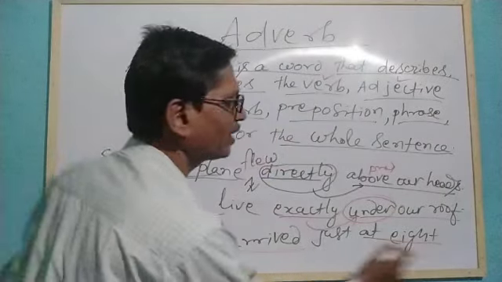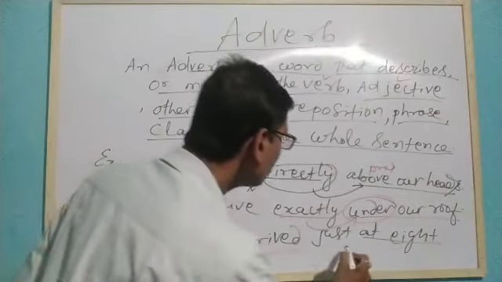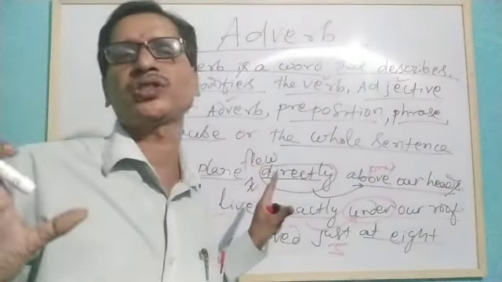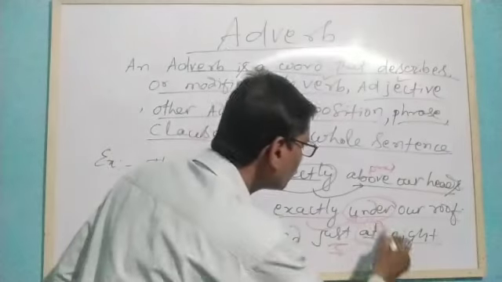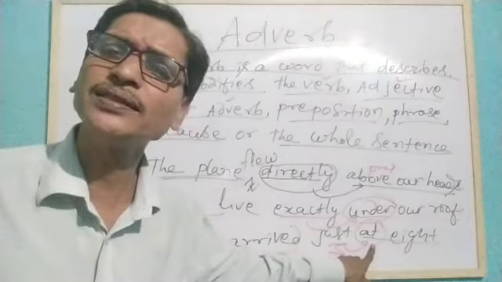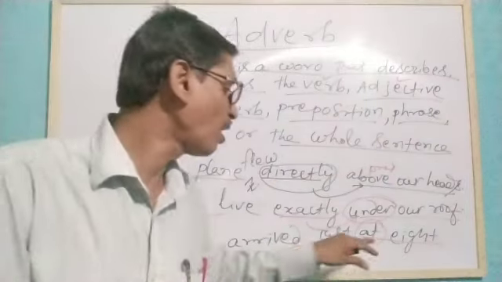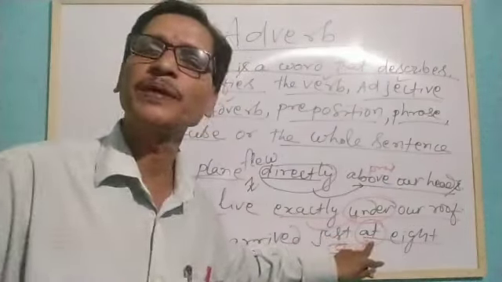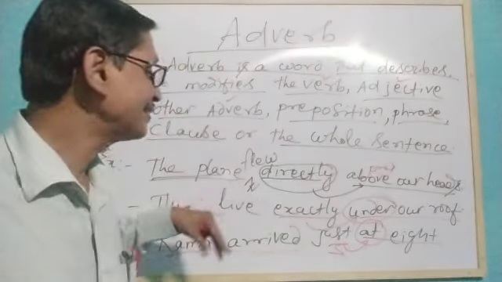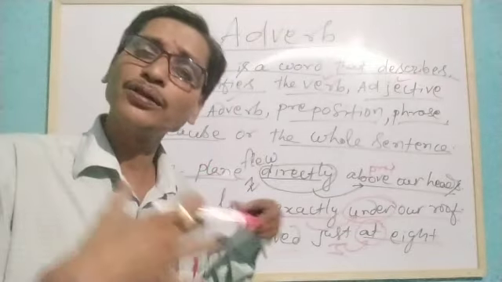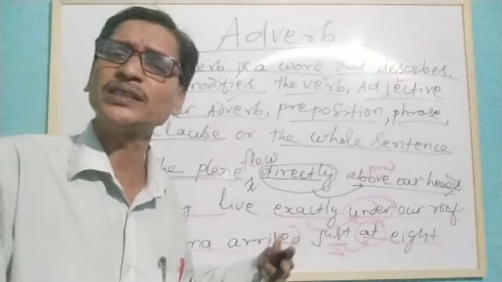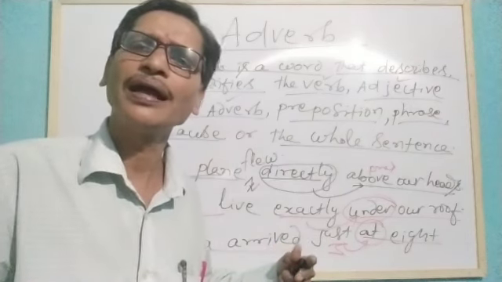But here we have used just: Rama arrived just at 8. We have used just to give stress to the meaning of this preposition. So from these examples, we understood that some words enhancing the meaning of prepositions in our statements are also called adverbs.